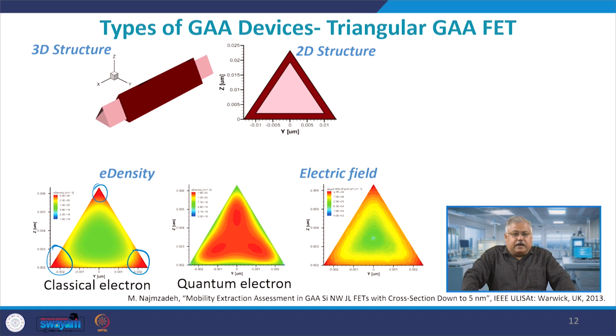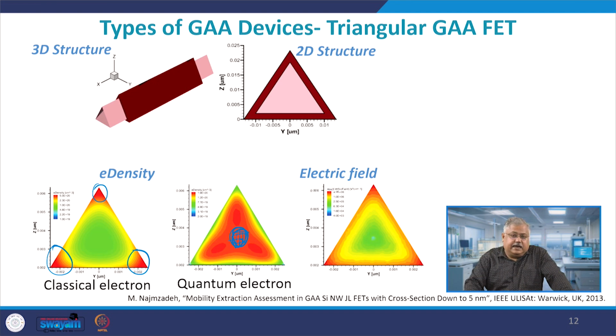However, if you reduce the dimension drastically, you see suddenly the electron density becomes large at the center of the triangular fin device, and this is known as quantum confinement. So the first 2 graphs show electron density, and the last graph is basically the absolute value of the electric field which we are proposing, right.